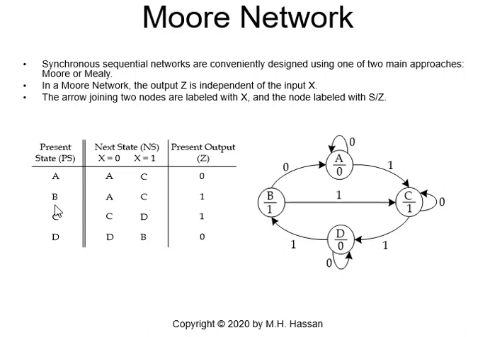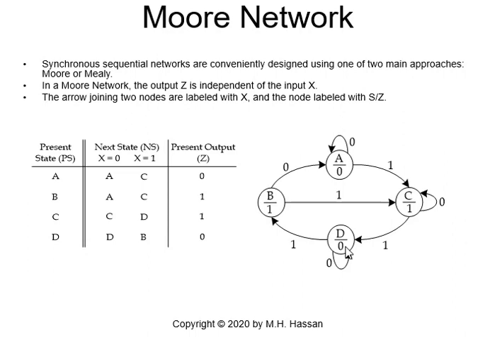I can say if I am in state B and X is 0, I will go to A. If X is 1, I will go to C. And if I am in state C and X is 0, I will remain in C. See here, I remained in C. The arrow will take you back to C when X is 0. And if I'm in state C and X is 1, I will go to state D.